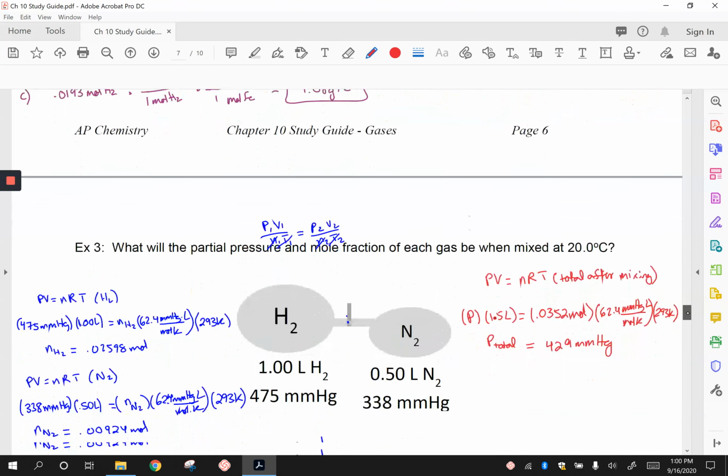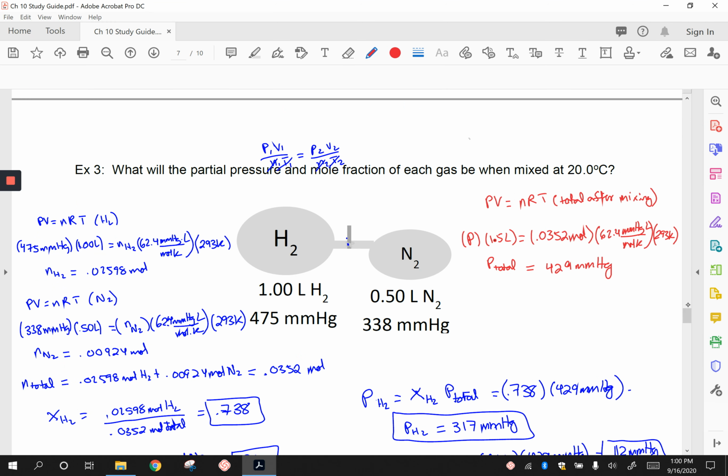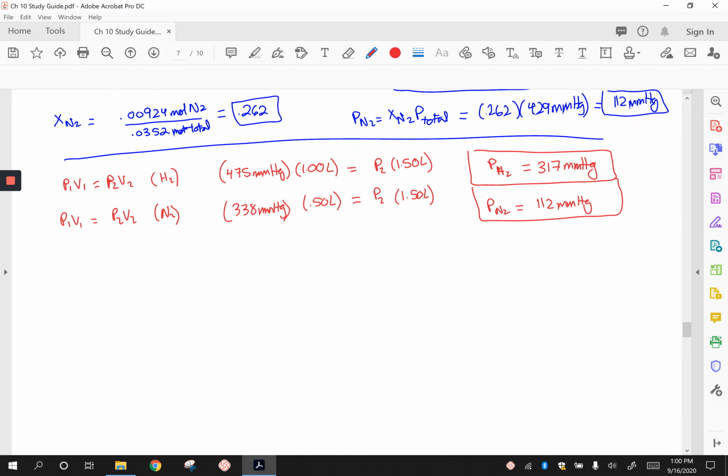Because we were asked for both the partial pressure but also the mole fraction. So now we need to find the mole fraction. So for the mole fraction, what you need to do is you could say that the partial pressure of the hydrogen is equal to the mole fraction of the hydrogen times P total, right?